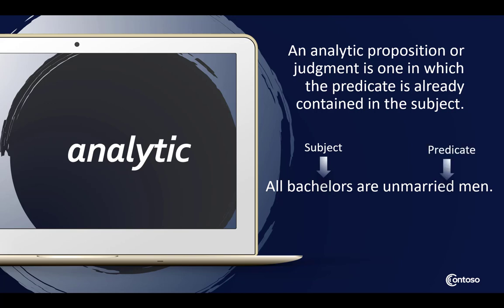And so with an analytic judgment, what we're saying is that in some way the predicate, unmarried men, is already contained in the concept of the subject. So if you know what a bachelor is, you know that it contains the idea of being unmarried. You can't be a married bachelor. And it also contains the idea of men. Okay? So women are not bachelors, maybe bachelorettes, but the idea of bachelor contains that predicate within itself.